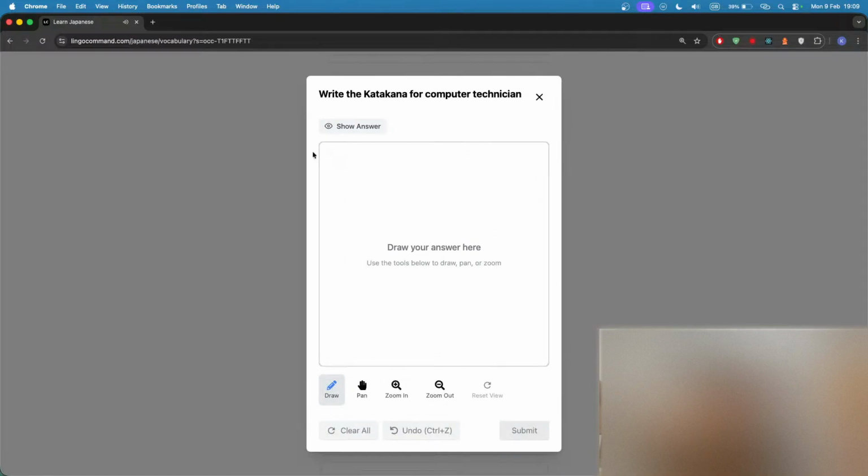Okay, now we get to the really hard part. So this is kon. And then here we need pu. So we need to write fu. But what is fu in katakana? Fu is this thing. To turn it into pu, you apply handakuten, which is this circle.